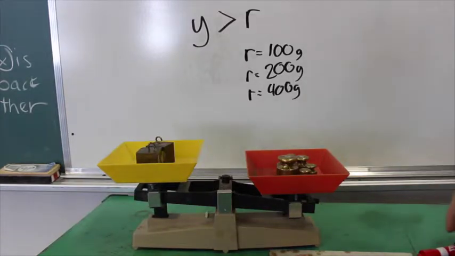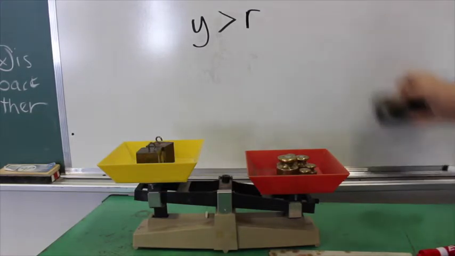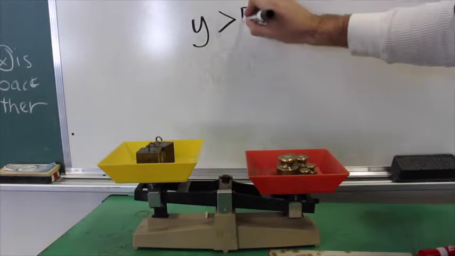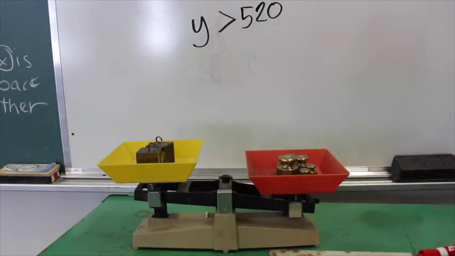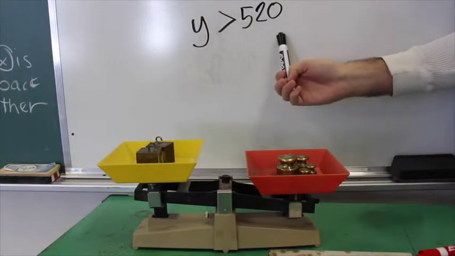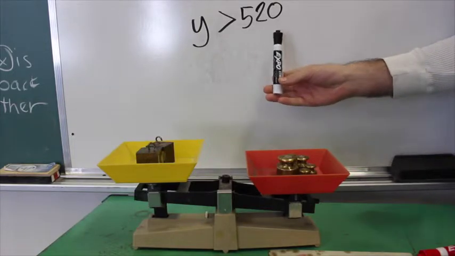So in fact, here, y is greater than any value greater than 520. So y is a value just greater than 520. In this case, I just measured these out, and it's just over 520.